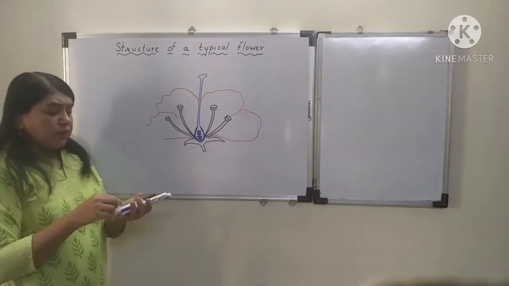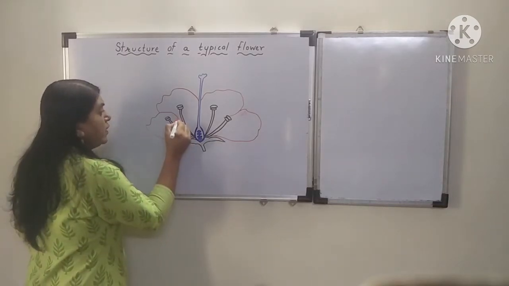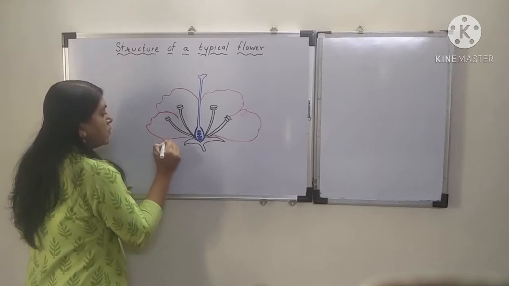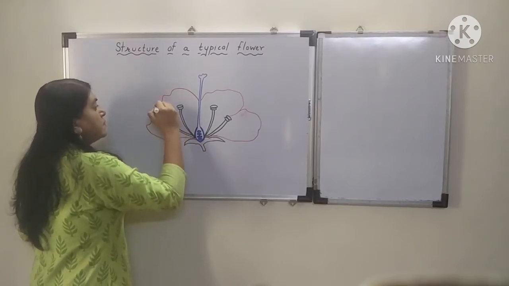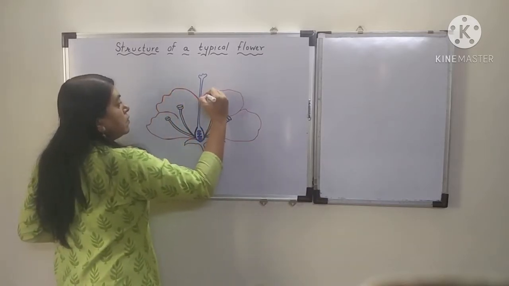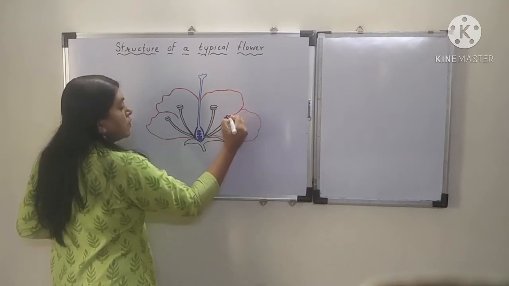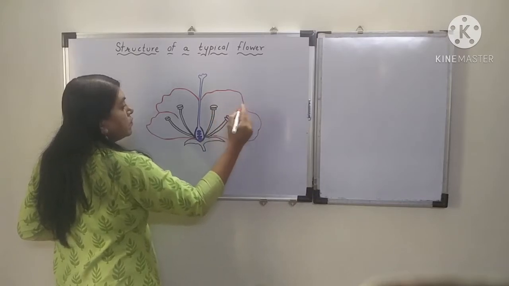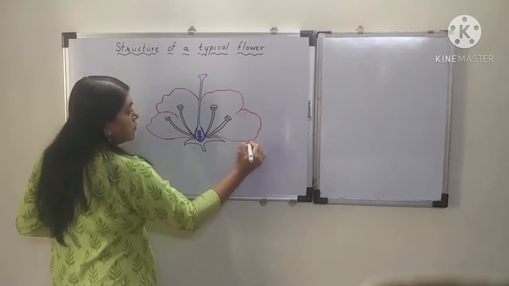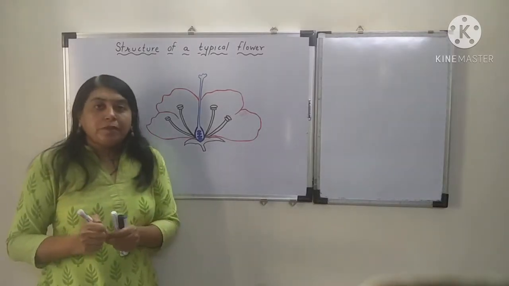Alright. So we have finished drawing the outline of the flower. Let me just make it darker. So these are the petals. Like this we'll be showing.